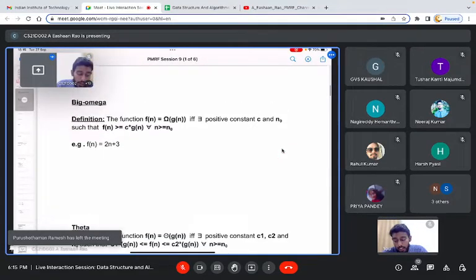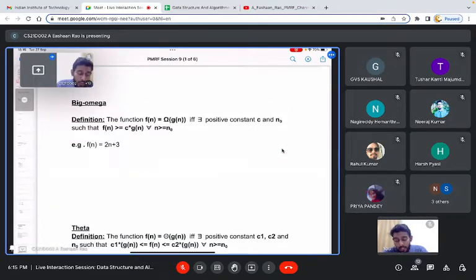Now it comes to big omega. Same definition, the only difference is here we have to find a function g of n such that c times g of n is less than or equal to f of n. Earlier in big O we were trying to find an upper bound, that's why we looked for a function greater than f of n, but here we try to find a function which is less than f of n.